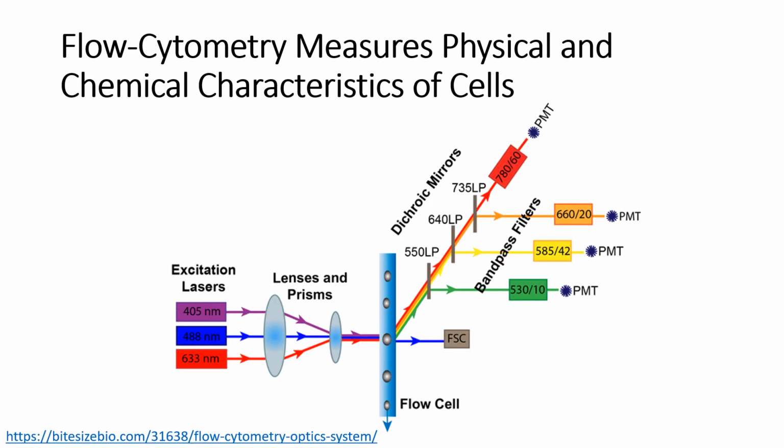And the cells are often labeled with fluorescent markers so that light is absorbed and then emitted in different bands of wavelengths, which is why we have all these mirrors here, because some of the light is going to go straight into the detection, but some of it is going to be bounced off in different angles, so not in just a straight line all the way through the cell. It's going to be bent, and that's going to be picked up by different sensors coming off of those mirrors.